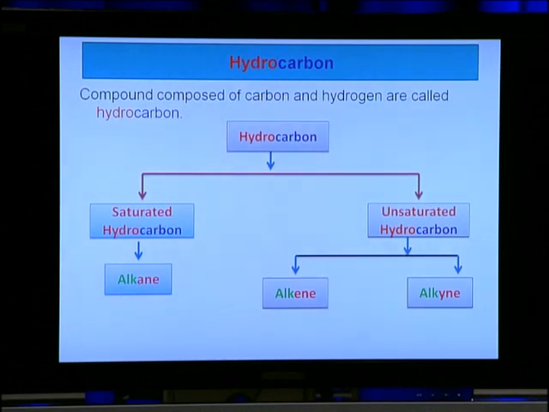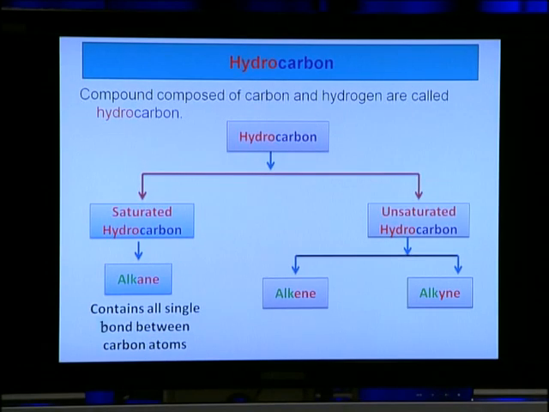In case of alkane we have ane, in case of alkene we have ene, and in case of alkyne we have the suffix yne. These represent the nature of the bond present between carbon and carbon in the hydrocarbon.